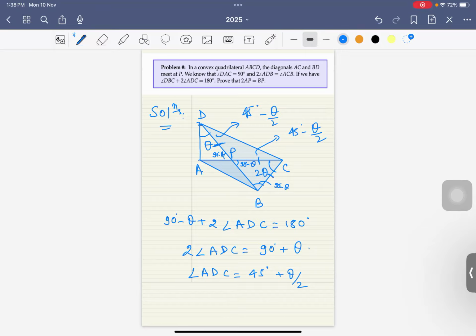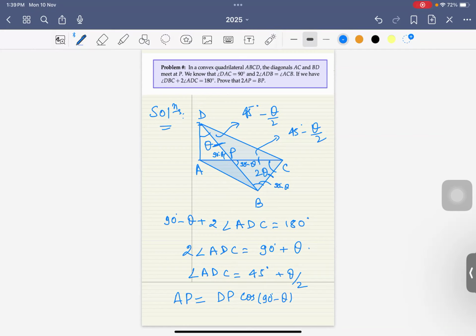Okay, and now what is it that we have to find? We have to find AP and BP. So have a look at triangle ADP. You can see that AP is DP times cos of 90 degrees minus theta.